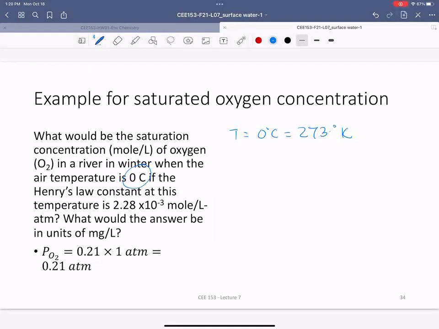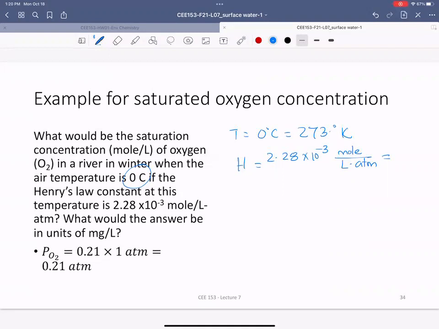The Henry law constant is given: 2.28 times 10 to the minus 3 moles per liter per atm. Now, obviously, it's not a dimensionless Henry constant. So who can say whether this is the concentration of oxygen in water to air or air to water?